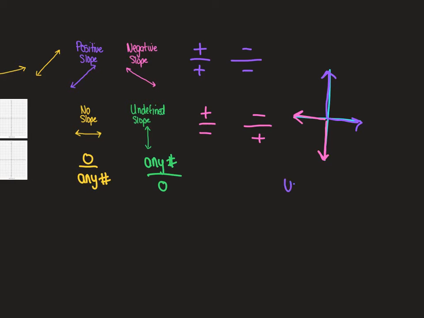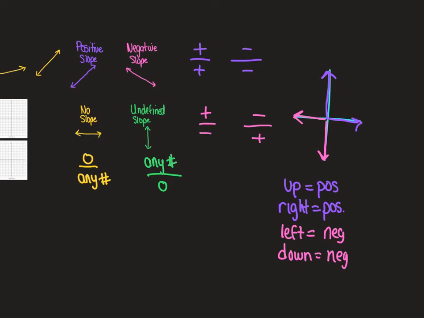If you're going to go up, that's a positive number. If you're going to go to the right, that's a positive number. If you're going to go left, that's a negative number. And if you go down, that's a negative number. All right, let's take a look at some lines on coordinate grids and figure out their slope.